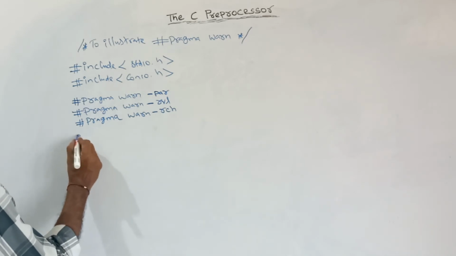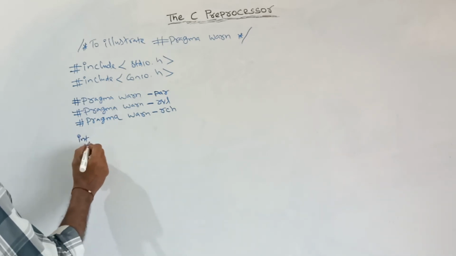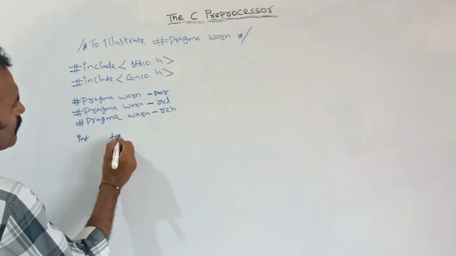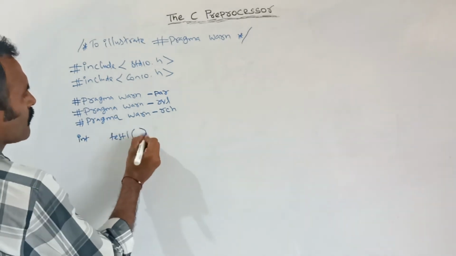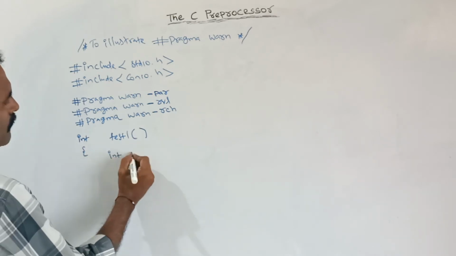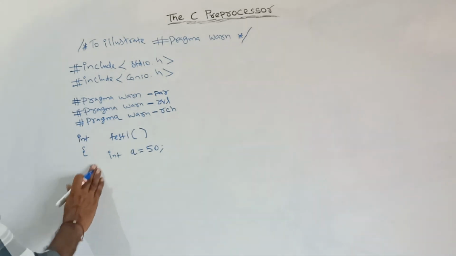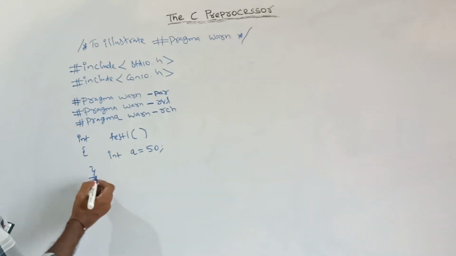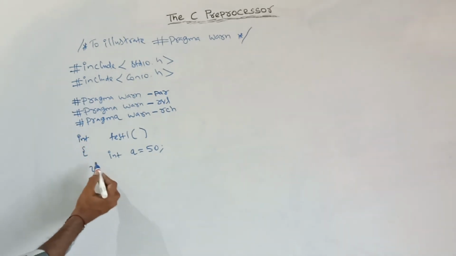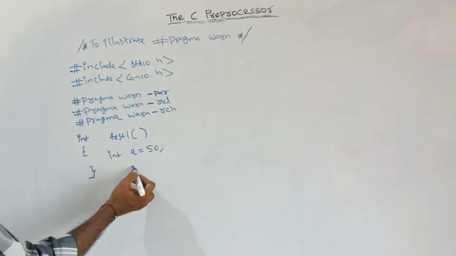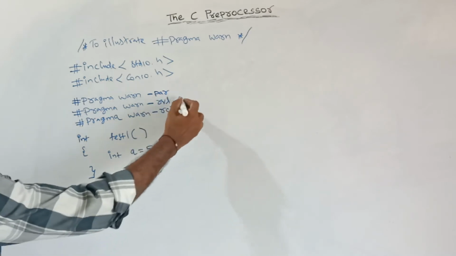First one, let us assume integer. Here the function return type is integer. Next, function name. This is one function. In this function the return type is integer, but I haven't written any value. So this is one kind of warning, the no return value warning.